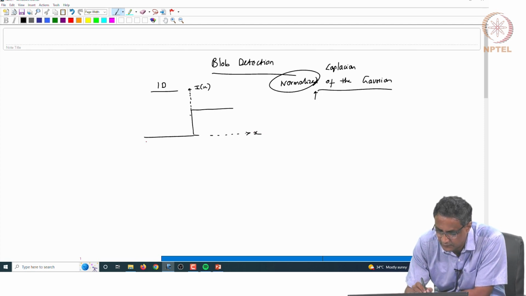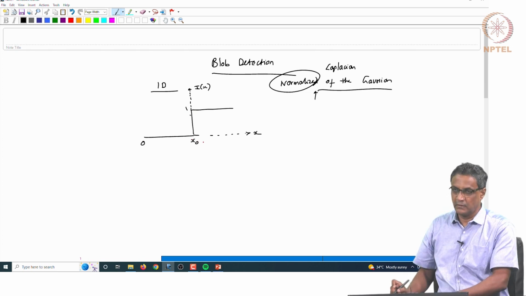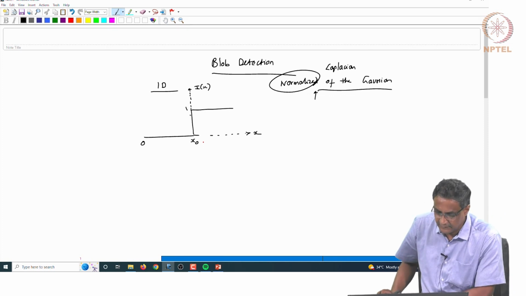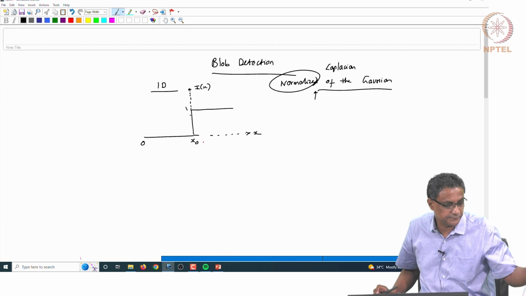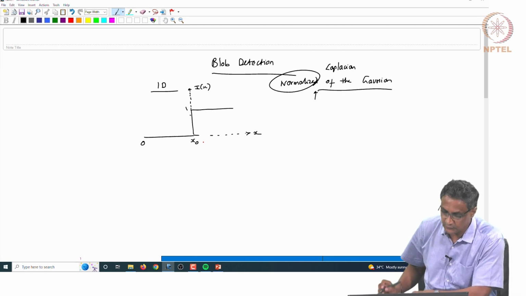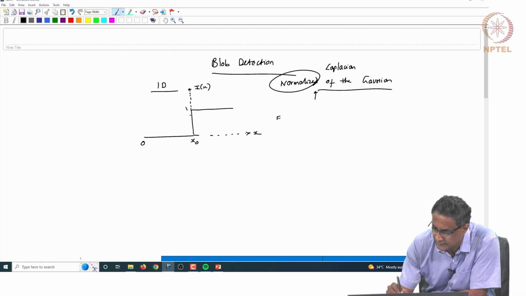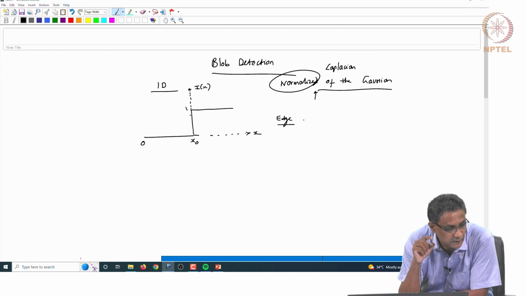Here it is 0, and then here it becomes 1, at some x naught, where there is a transition from 0 to 1. So now we will first see how it reacts to an edge.